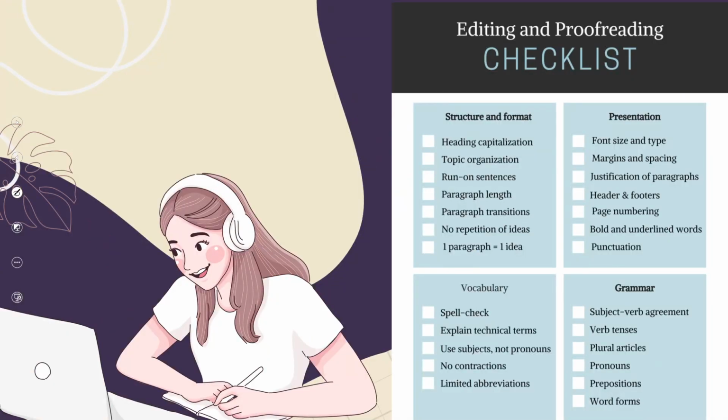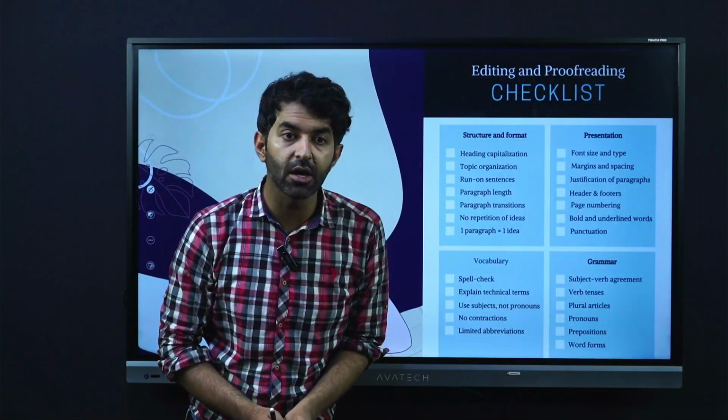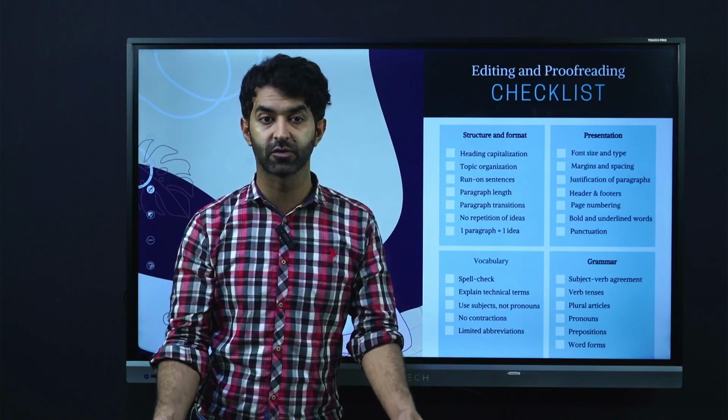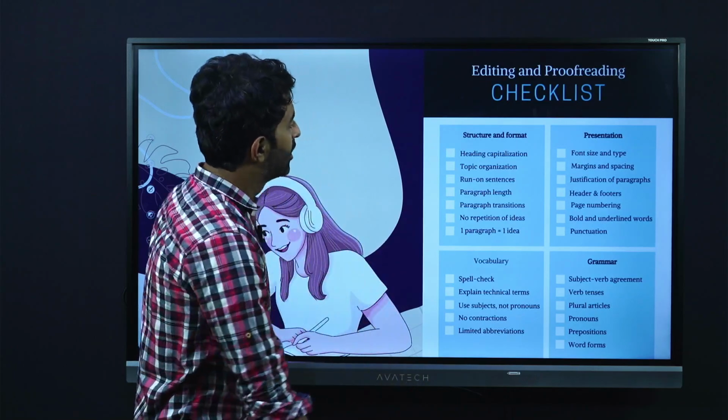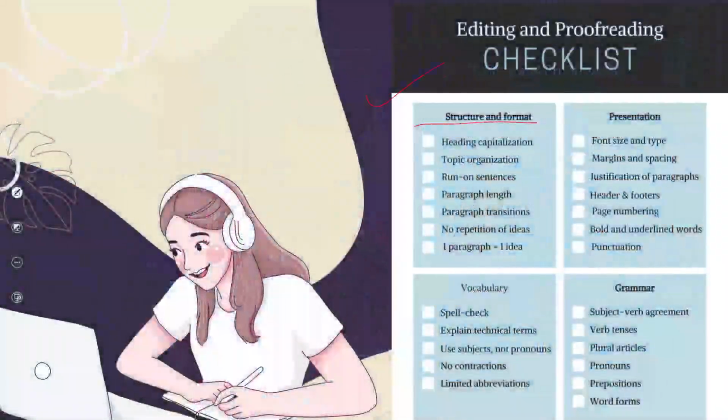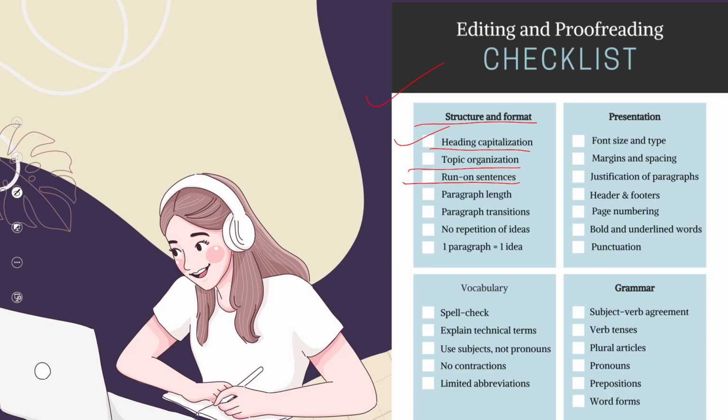Now, after you have done your editing, you are done with your proofreading, you need to make a checklist. All right? Make a checklist of this type: structure and format. Have I capitalized my headings? All the headings are capitalized? Yes. Topics are organized or not? Are there any run-on sentences? Paragraph length.